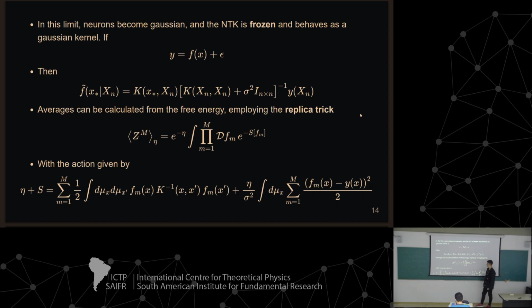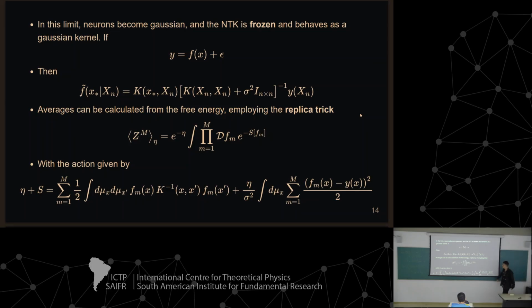So, if we train with eta samples in the training data, our partition function becomes this one, where we write an effective action as this expression right here. I will not derive this. This is a very long calculation, and if you are interested, you can ask.